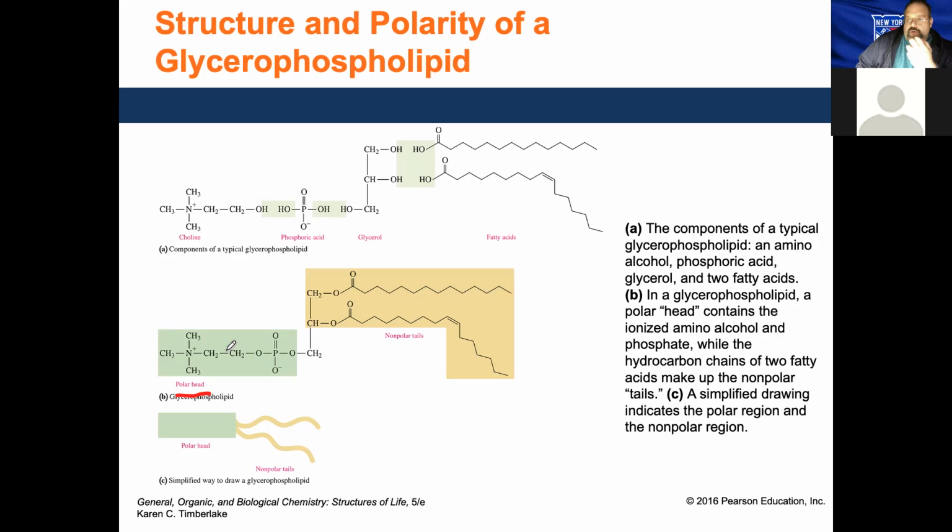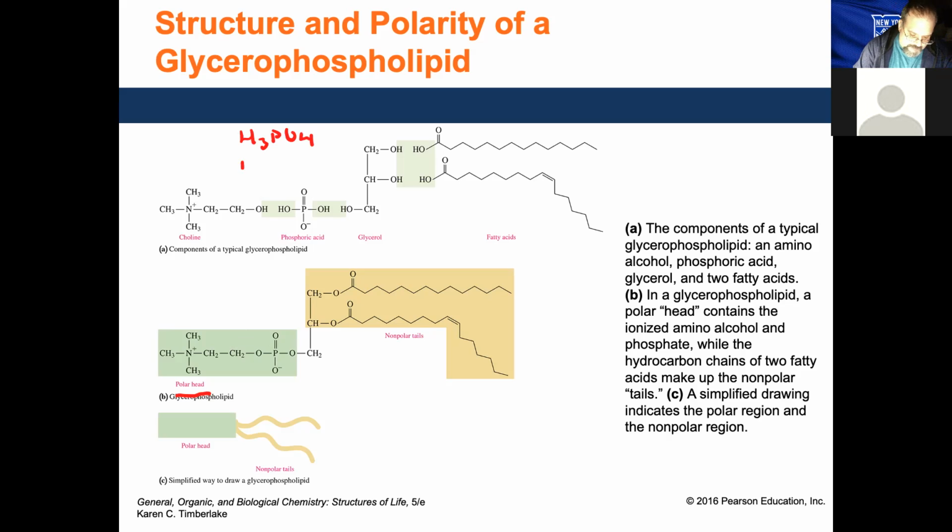The head of a glycerophospholipid is polar because you have atoms that have charges associated with it. We talked about how in the body, the amino alcohol is going to exist in an ionized form. Also, the phosphoric acid in the body doesn't really exist as H3PO4.